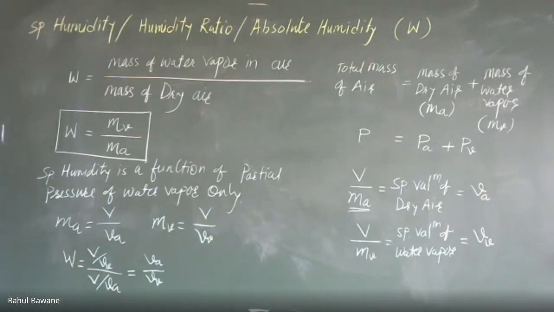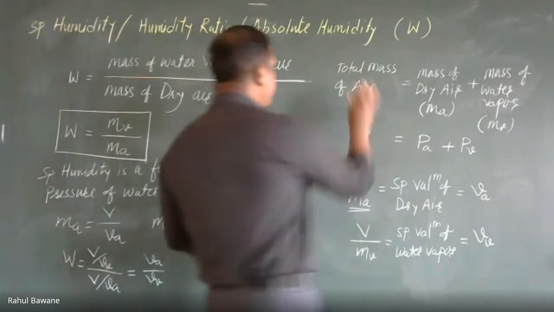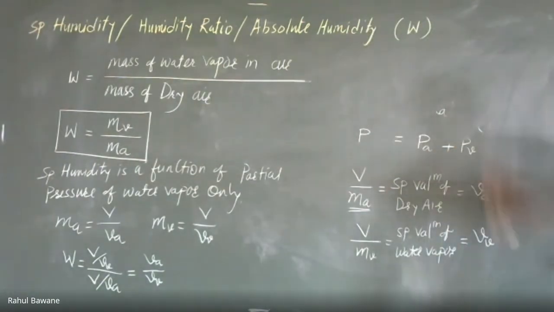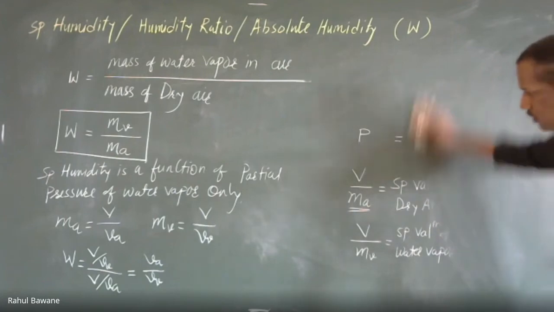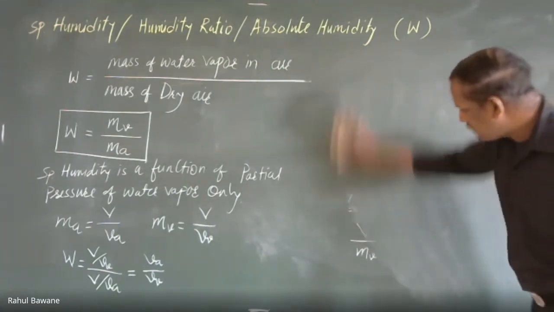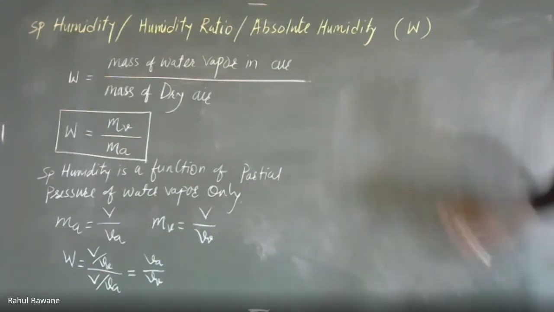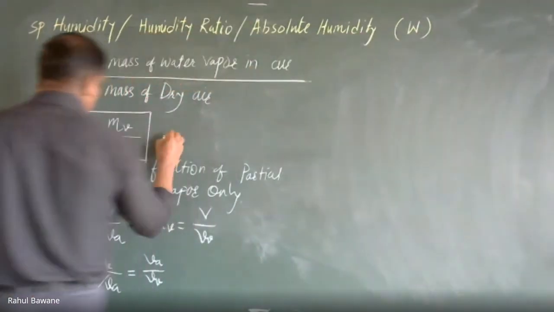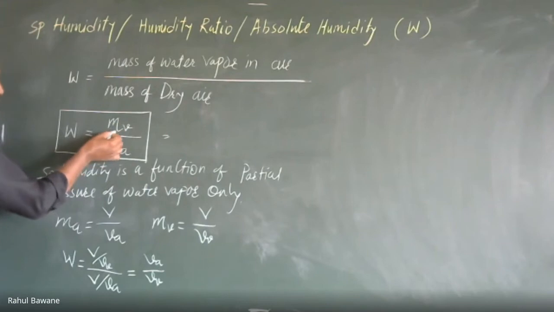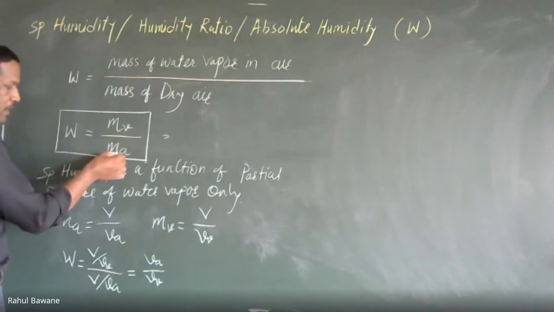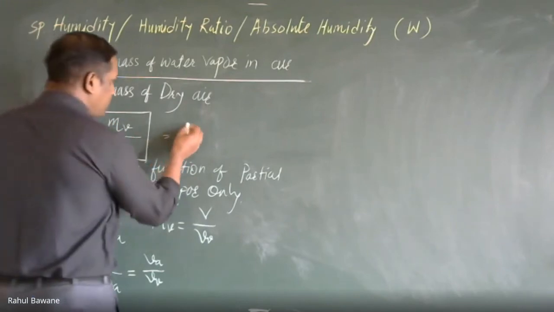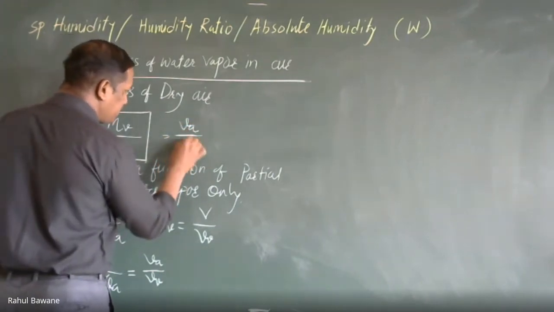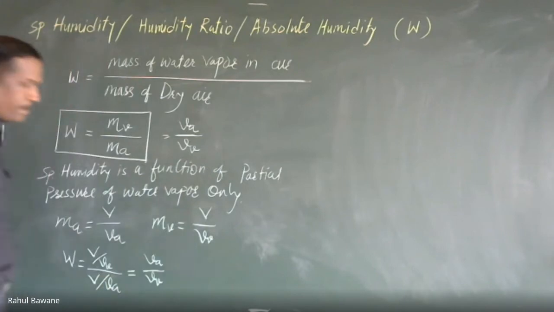So specific humidity can be written as the ratio of the specific volume of air to the specific volume of water vapor. In terms of mass, it is the ratio of the mass of water vapor to the mass of dry air. In terms of volume, it is the specific volume of dry air to the specific volume of water vapor.